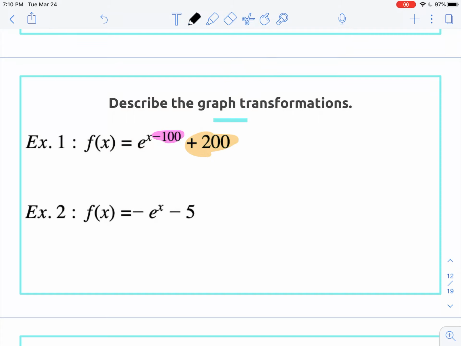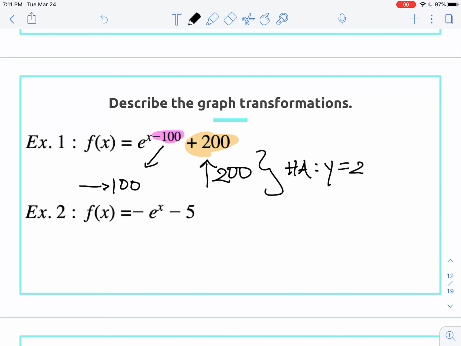That minus 100 is going to move the function to the right 100. And this plus 200 is actually going to move our function up 200. This one will make our horizontal asymptote move to y equals 200.